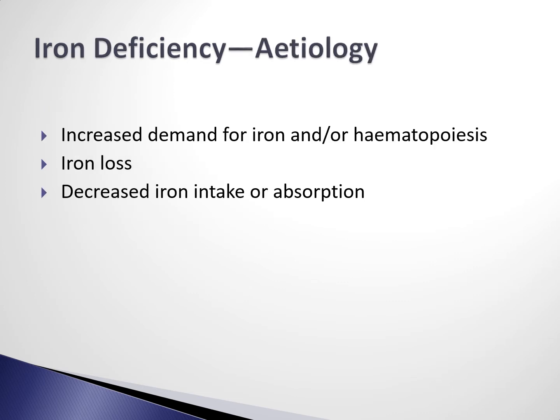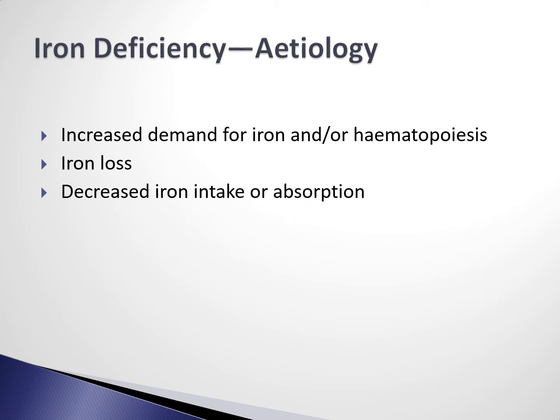Now the etiology: there is increased demand of iron. When there is increased demand of iron during pregnancy, during lactation, or in growing children, the demand for iron is increased. Or there is iron loss; if there is any bleeding, there will be loss of iron. Or there is decreased iron intake, or even if the iron intake is proper, there is decreased absorption of iron.